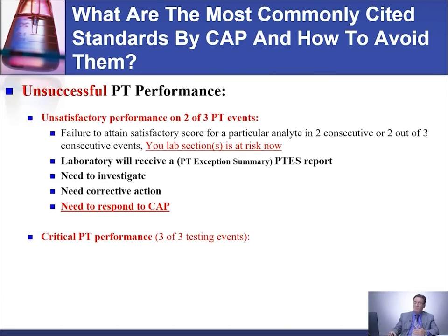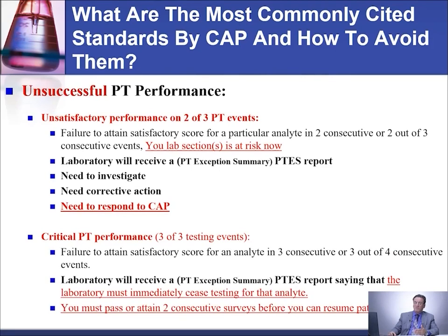Now, if you get 3 consecutive unacceptable results for the same analyte, CAP sends you another PTES notice, and this time they tell you to investigate and send your investigation back to them, and in addition, to cease testing. You cannot report patient results until you pass 2 consecutive surveys.